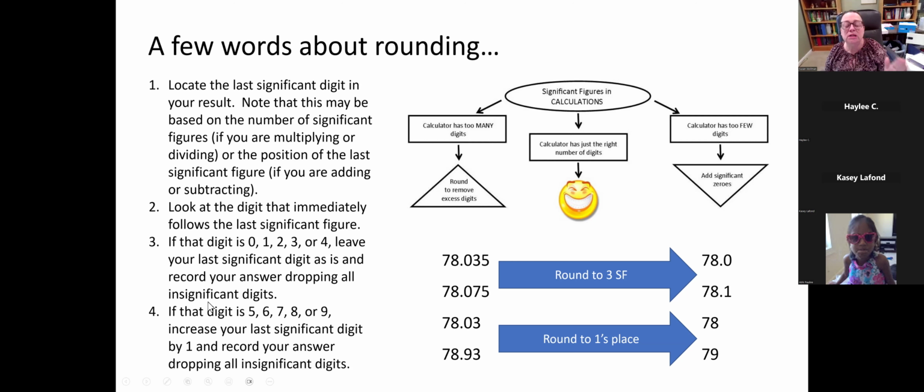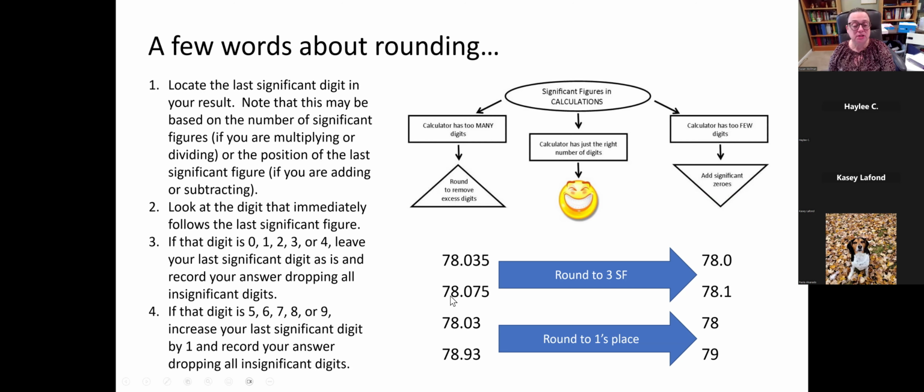We're going to look at what comes immediately after it, and right after that 0 is a 3. So do we need to round that 0 up to make it a 1, or are we just going to leave it as a 0? We're leaving it, right? Because that 3 is less than 5. So we're going to end up with 78.0. That final result that we're reporting has 3 significant figures.